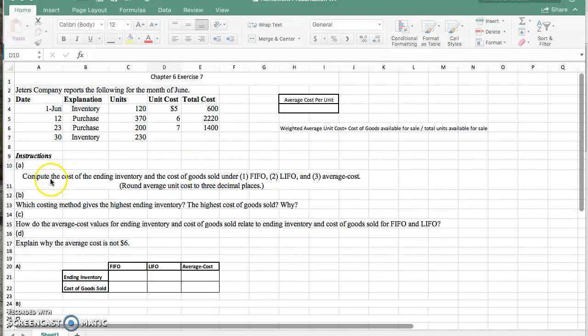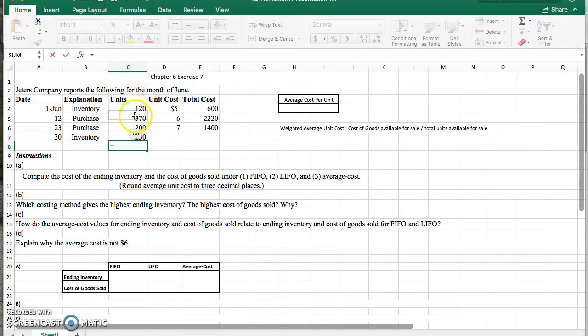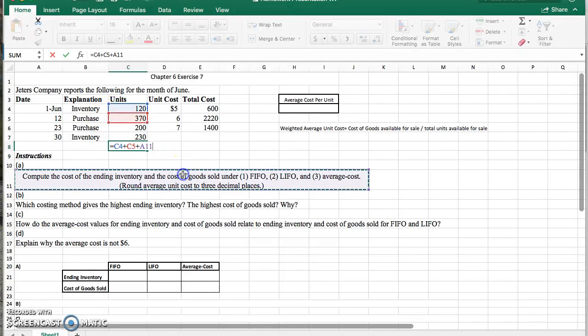So we're going to first compute the cost of ending inventory and cost of goods sold under FIFO, LIFO, and average cost. First we need to calculate the total units for the period. It already provides us our ending inventory, which is 230, so we're going to calculate the total units that we had for the period, which is 120 from our beginning inventory, plus our purchase on June 12th, plus our purchase on the 23rd.